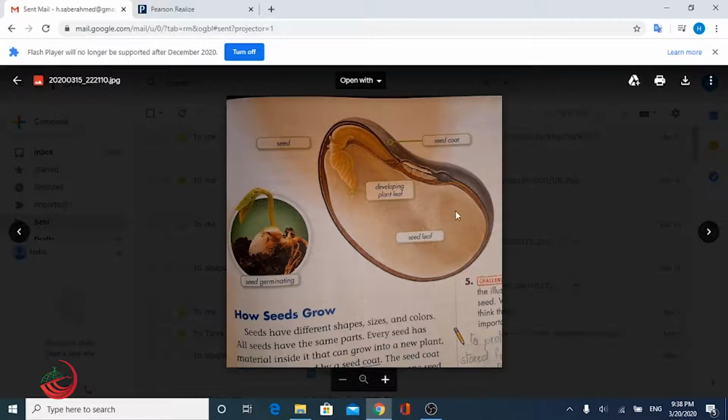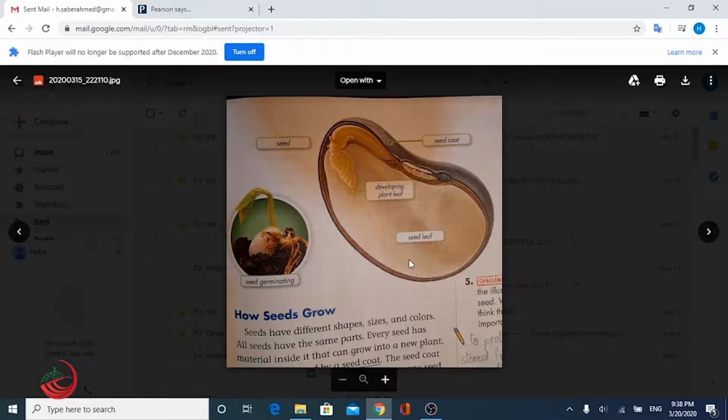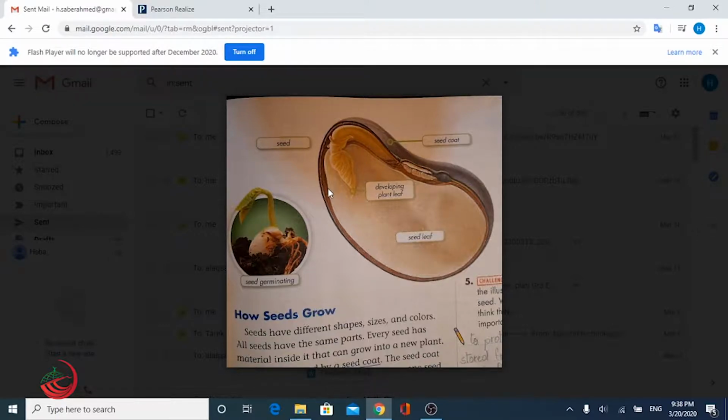What is important inside the bean to be protected? You remember in page 129 when we said that inside the bean some food is stored from the parent plant. And what else? We said also that inside the bean there is information from the mother plant.